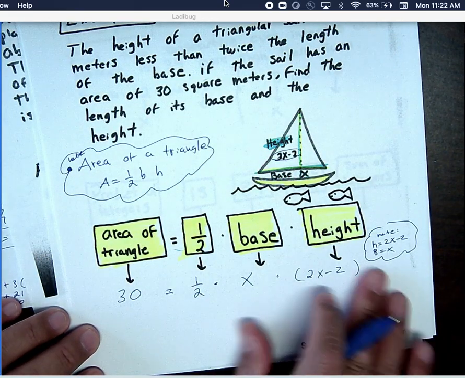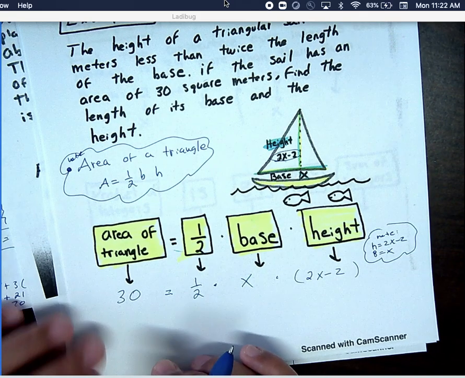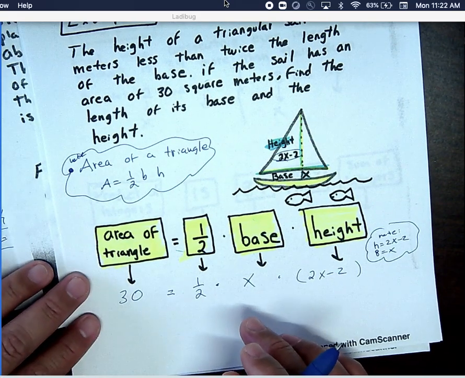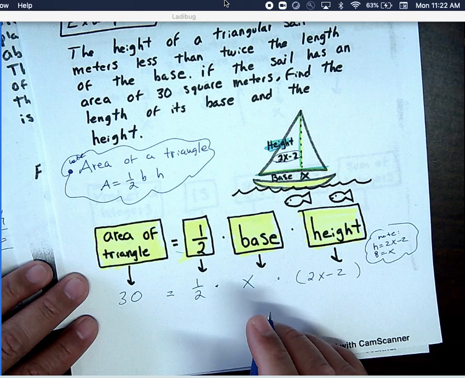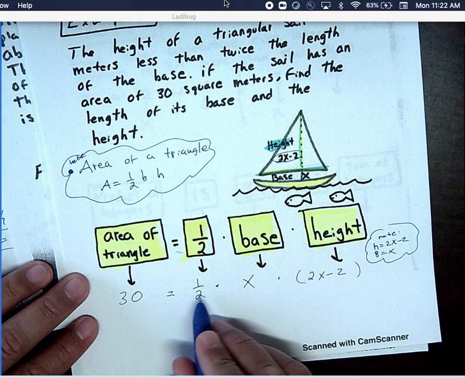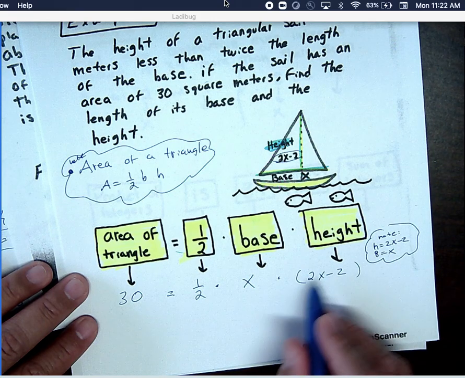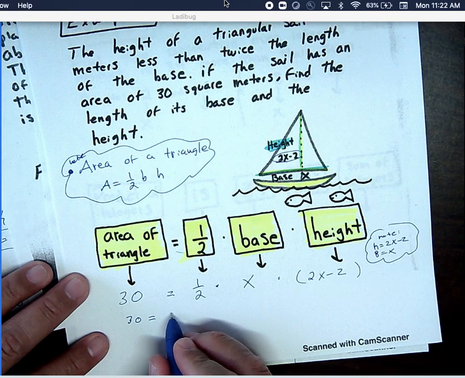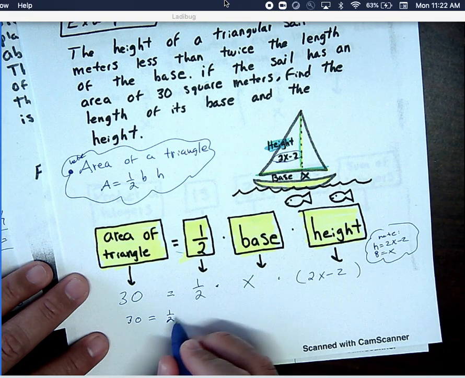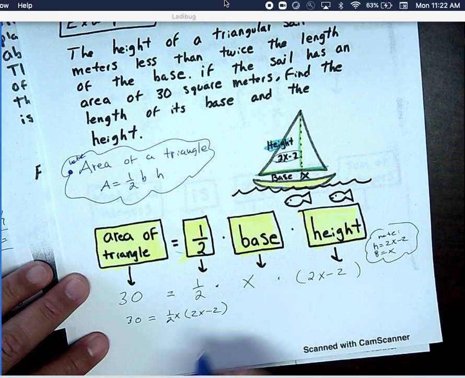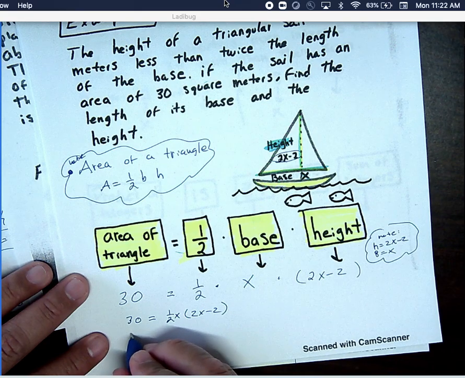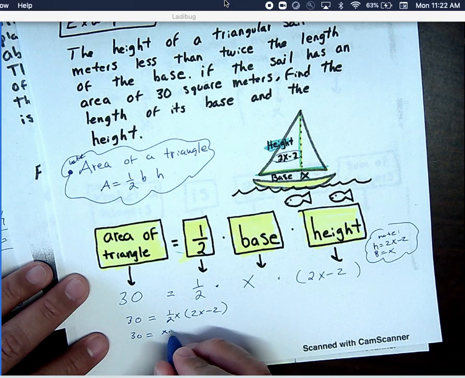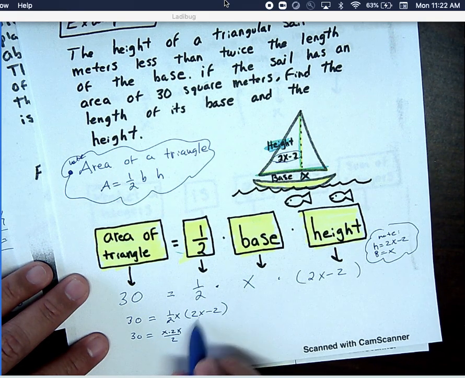You need to simplify this and bring the 30 to the other side. So I'm going to distribute. I know it looks kind of weird, so I'm going to rewrite it so that it makes sense. You would have x times 2x over 2, because that 2 stays at the bottom.